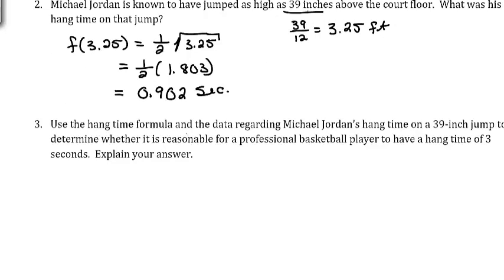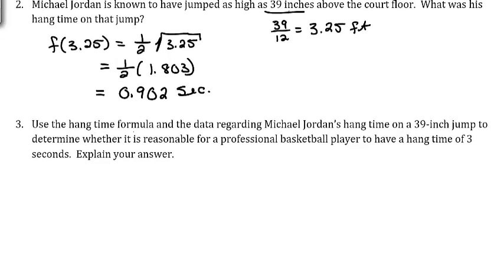Use the hang time formula and the data regarding Michael Jordan's hang time on a 39-inch jump to determine whether it's reasonable for a professional basketball player to have a hang time of 3 seconds, and explain your answer.